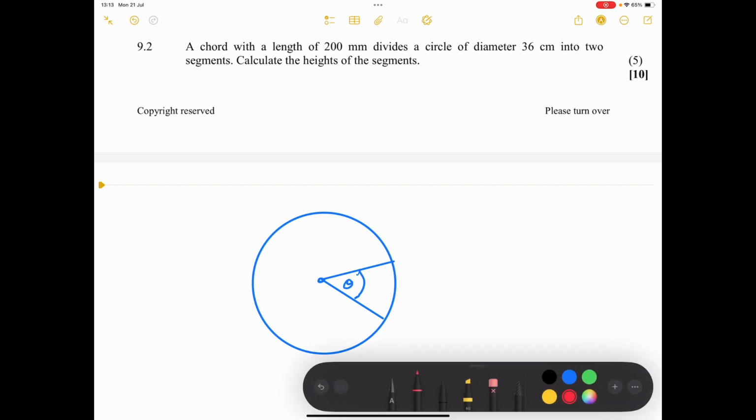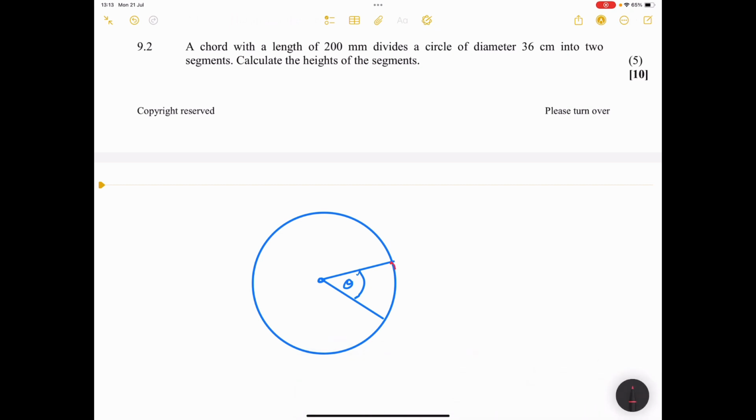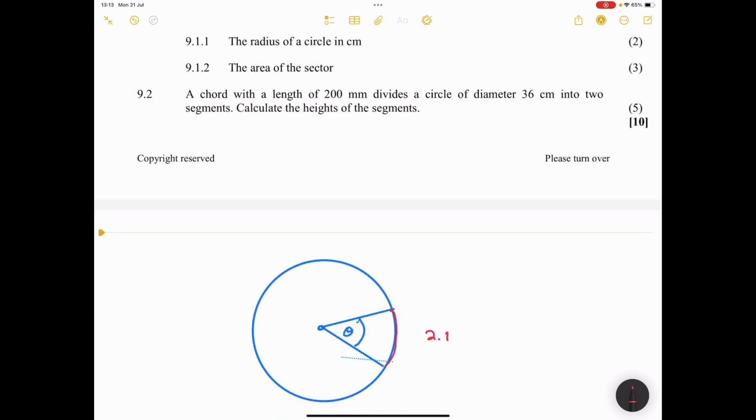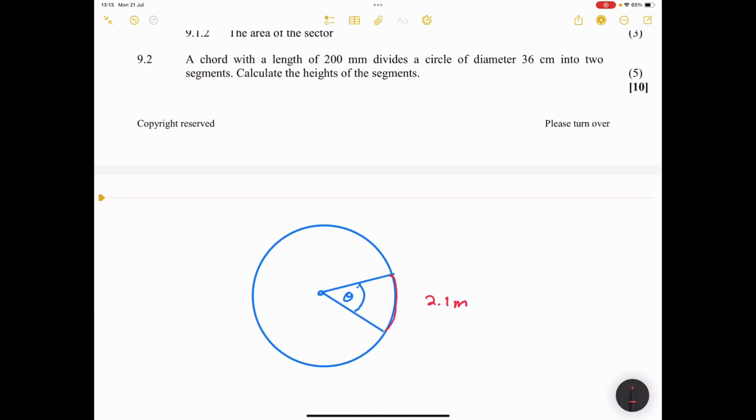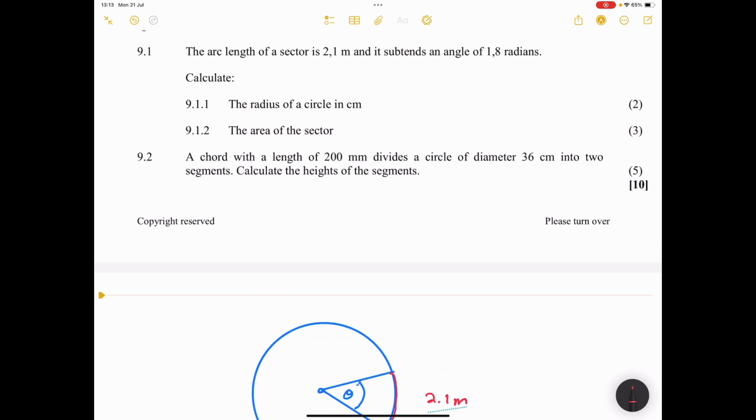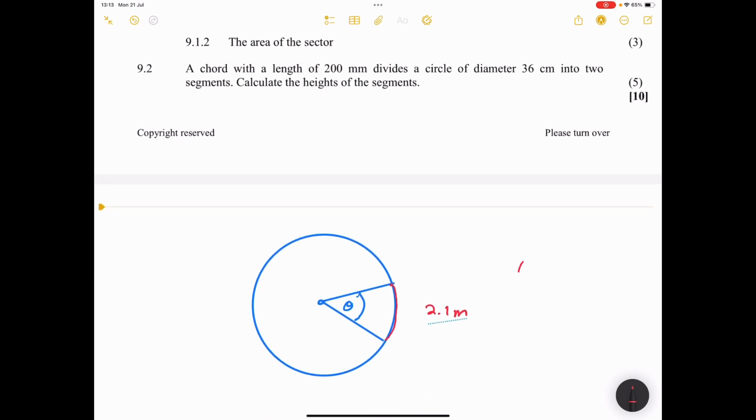So the arc length, which is this part here, is 2.1 meters. And they also tell us that the angle theta is 1.8. And remember, we always want this angle to be in radians.